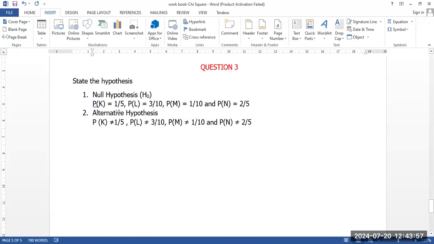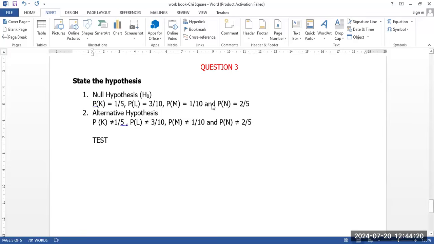Are we together, colleagues, here? You are just trying to oppose. So this is your stated hypothesis, null and alternative. We need now to test.